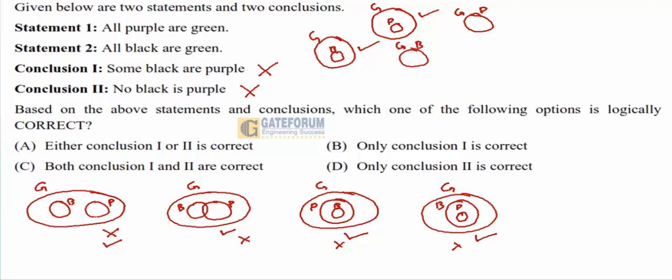Where conclusion 1 is wrong, conclusion 2 proves itself to be correct, and where conclusion 2 is wrong, conclusion 1 proves to be correct. In both cases, it's an either-or case. So we will say either conclusion 1 or conclusion 2 is correct. That will be the right answer for this.